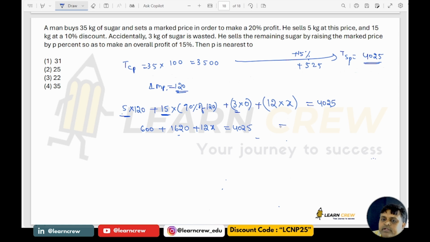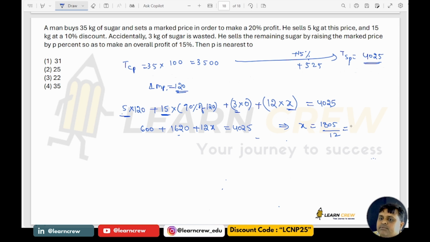So from this what did I get? 12x is equal to 4025 minus 2220, which is 1805. 1805 divided by 12 would be the selling price of each kg.